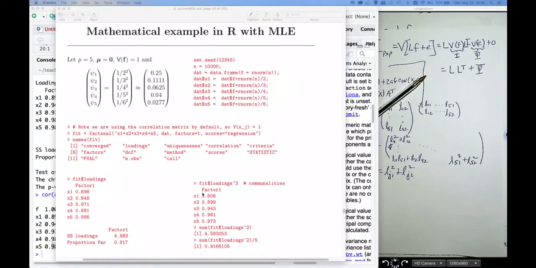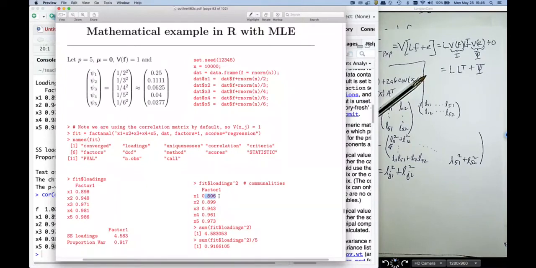All right. The other thing that we could easily compute are the commonalities. The commonalities, remember, are the loadings squared. Now, if I had more than one factor, I'd have to square the loadings and add them up. But since we only have one factor, I just square the loadings to get the commonalities.